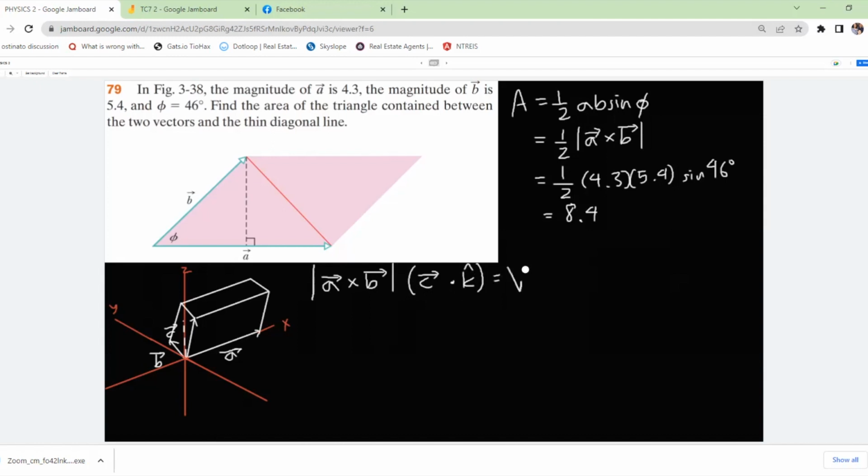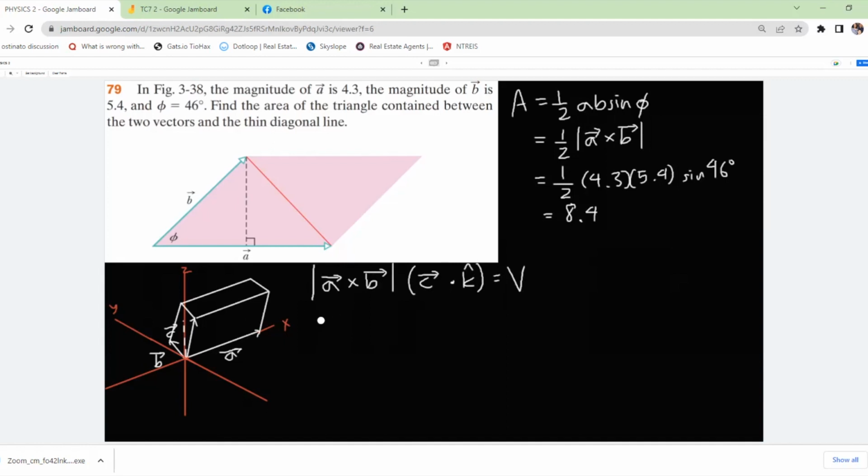Okay. So that simplifies. Kapag tingnan natin, that's going to be AB sine theta.